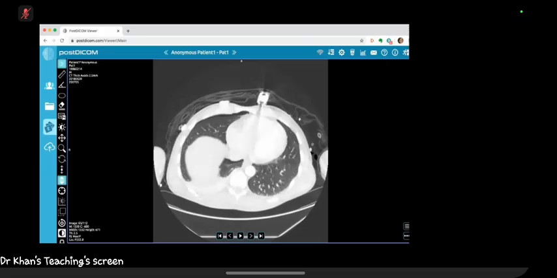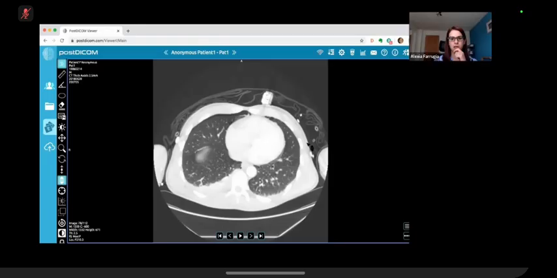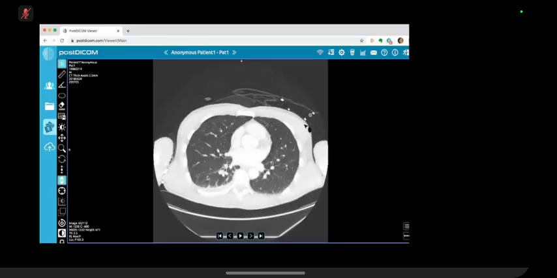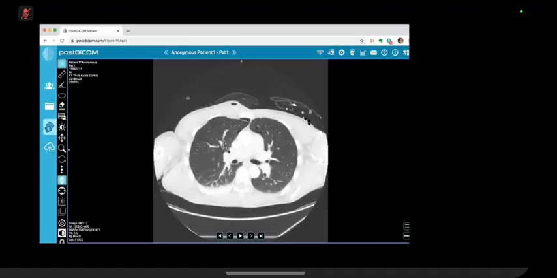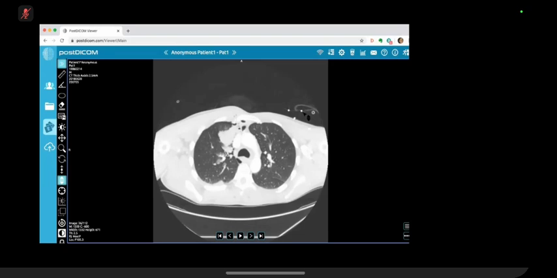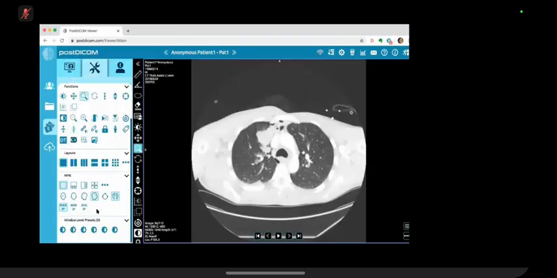Do you want to see the soft tissue window again? Yeah, that'd be great. But I think there is the stab wound. These are axial slices both in soft tissue and lung windows of this 34-year-old chap who is coming with a stab wound.